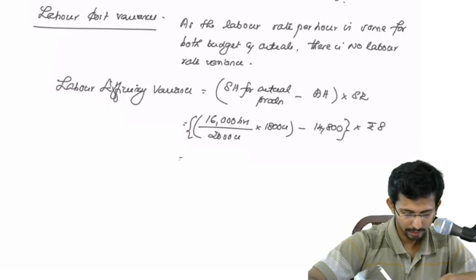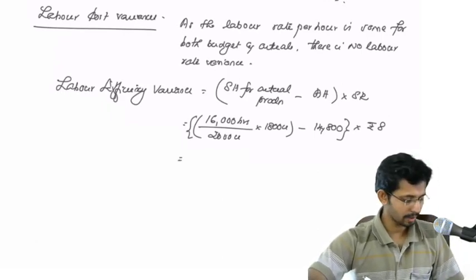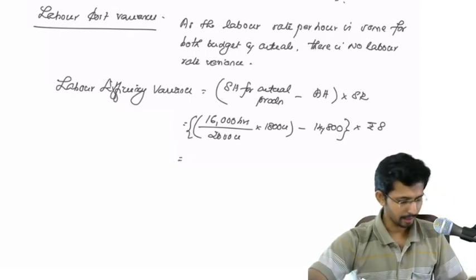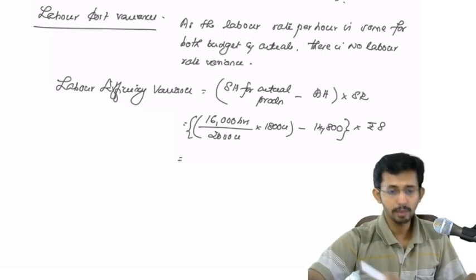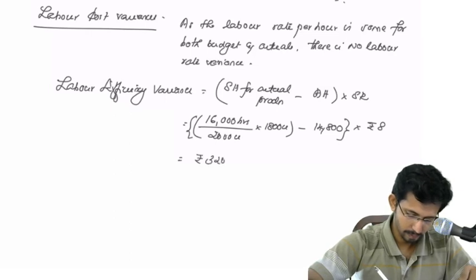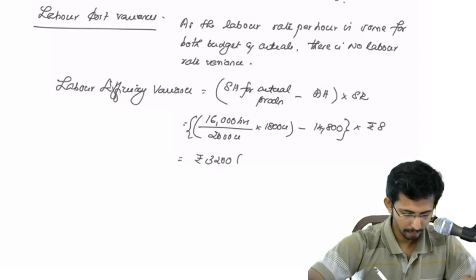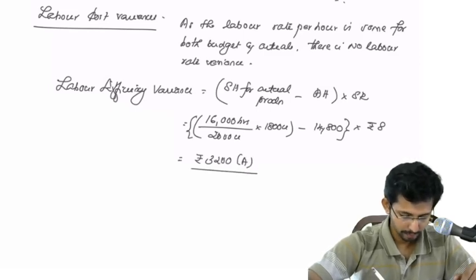So that is nothing but 16,000 divided by 2,000 will be 8. 8 into 1,800 will be 14,400 minus 14,800 will give you 400. 400 into 8 will be 3,200. Adverse or favorable? It should be adverse because consumed is more.